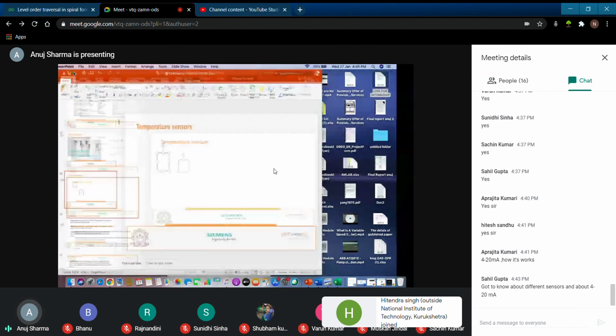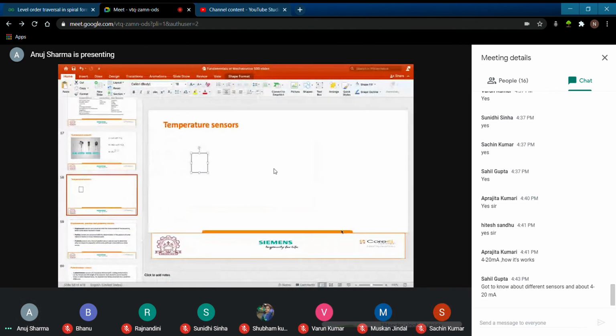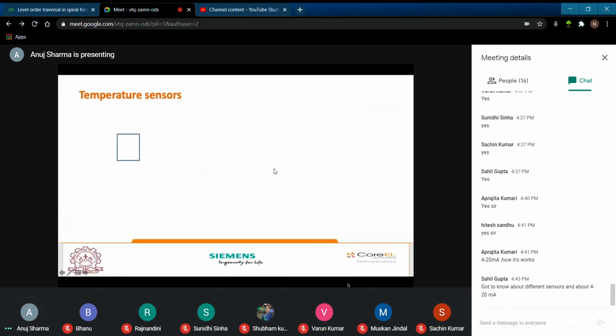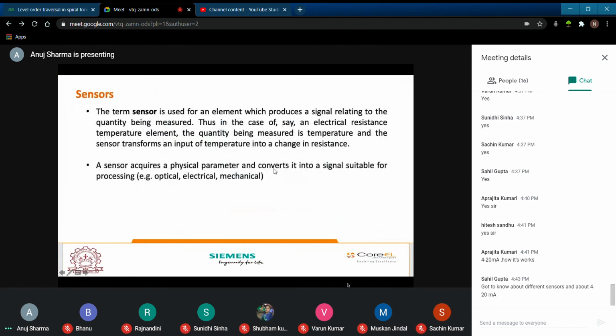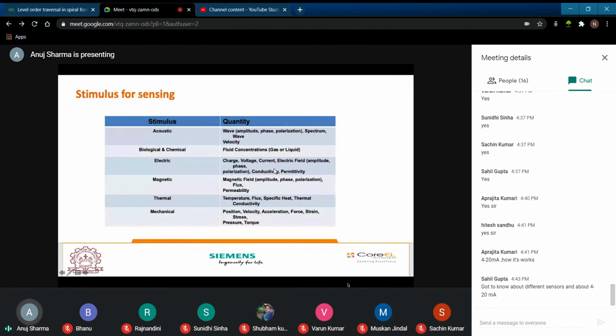Let us now move to the sensors. So first of all, you know the definitions. I'm just giving you the stimulus and sensing. For acoustic, the stimulus is acoustic, and you can calculate the amplitude, phase, spectrum, velocity, and wave.